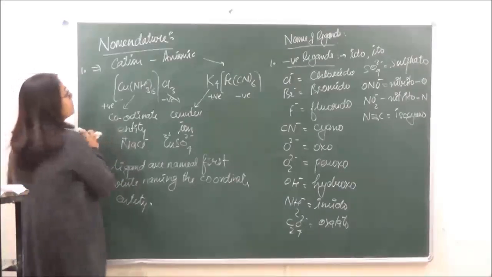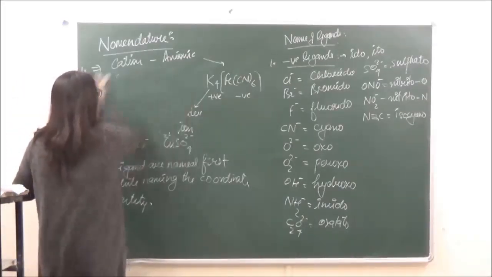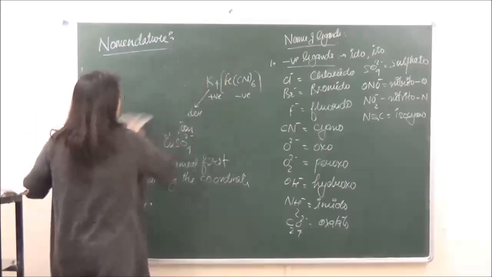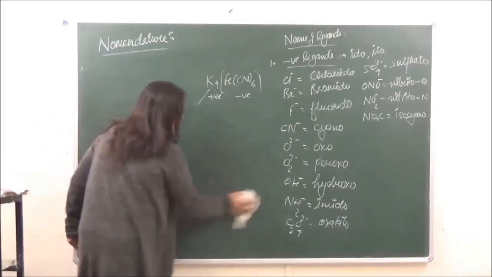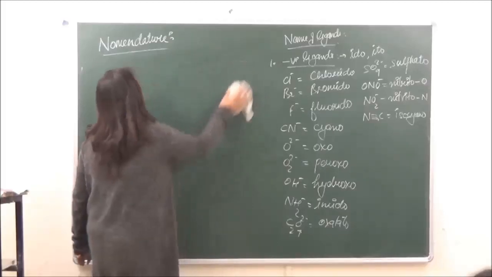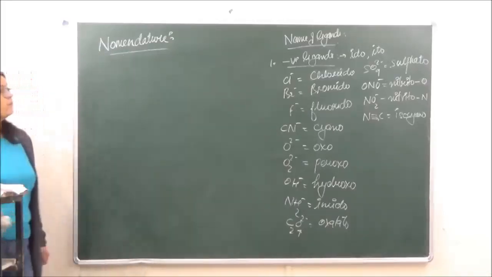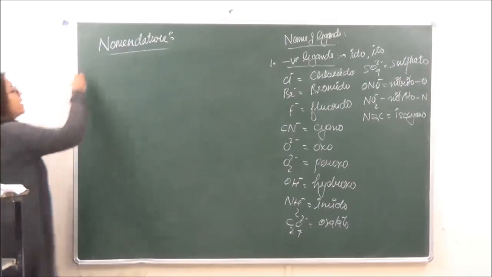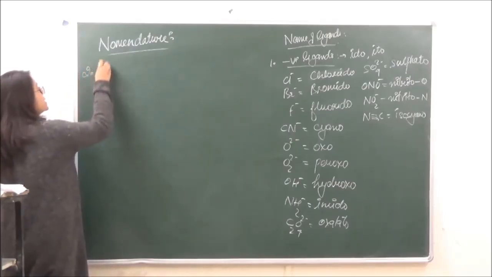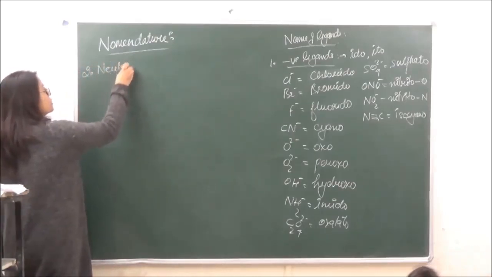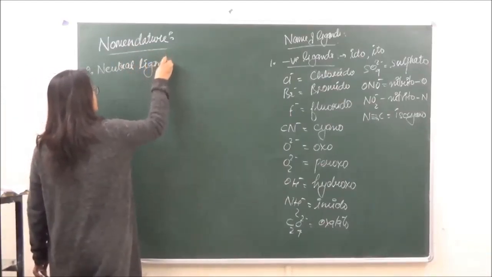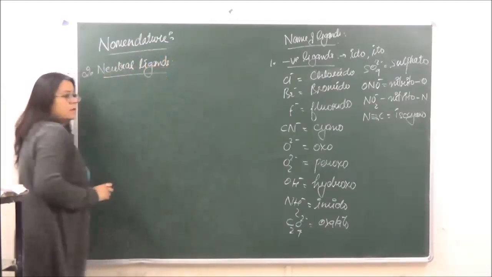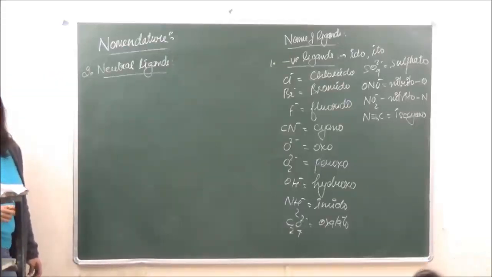The second type of ligands which are present may be neutral ligands having a lone pair of electrons.